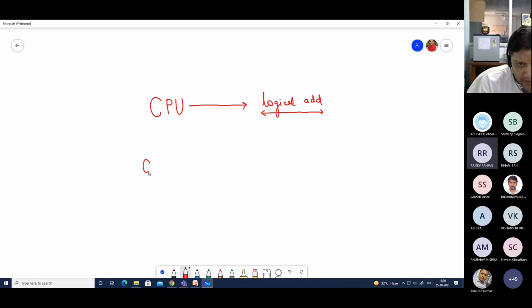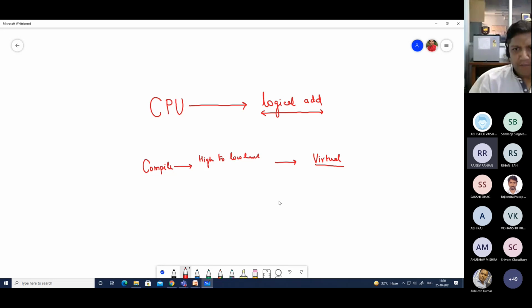Because when we compile a program, when a program is compiled from high level to low level, we require some addresses, and these addresses are known as virtual address. This is known as compile time address binding.